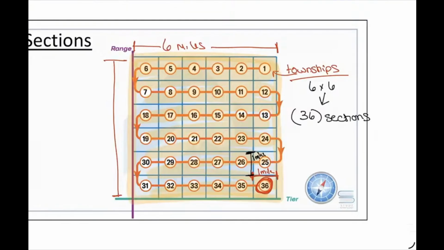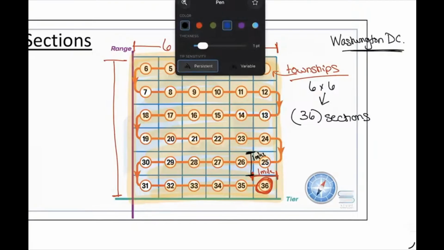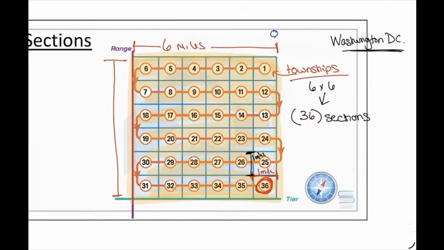And this is what I think you are asking, Trix. You are asking, why is the numbering zigzag? Well, imagine Washington, D.C. is over here. It's to the east. And if you are trying to measure out the land, imagine you have a horse, and this guy starts here. He says, you know what? I'm going to measure for 1 mile. And then I'm going to measure for 2 miles. And then I'm going to measure 3 miles. And then 4 miles.